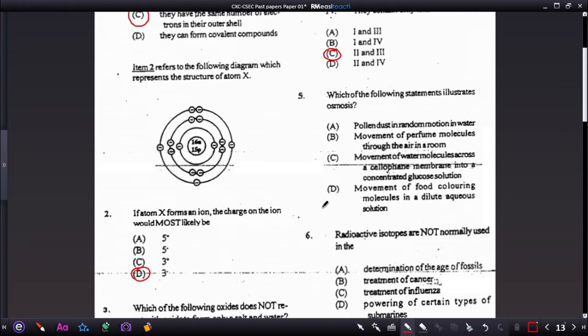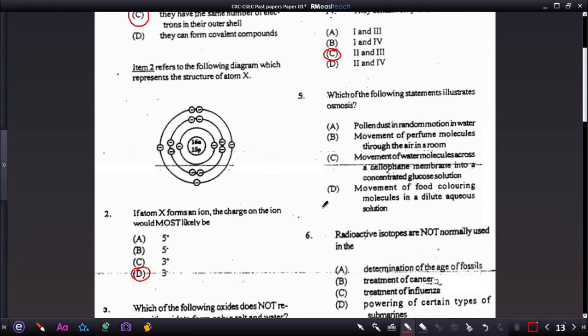Question 5. Which of the following statements illustrates osmosis? A. Pollen dust in random motion in water. I think that is Brownian motion. B. Movement of perfume molecules through the air in a room. That is diffusion, from a region of high concentration to a region of low concentration.